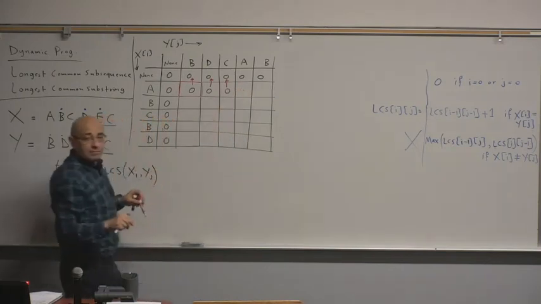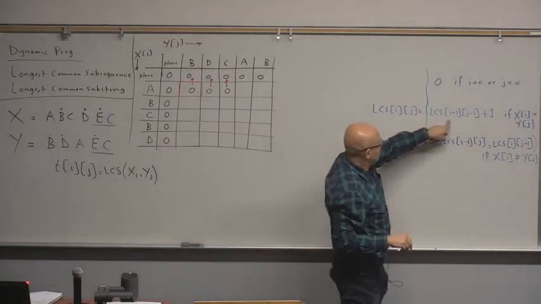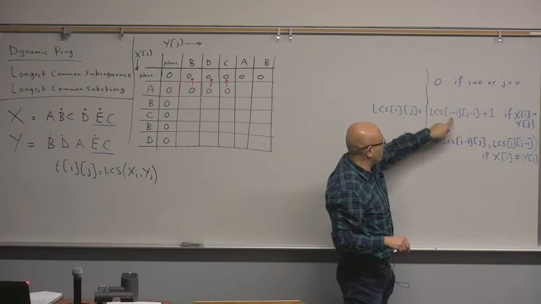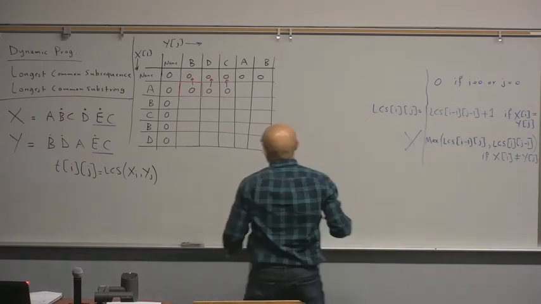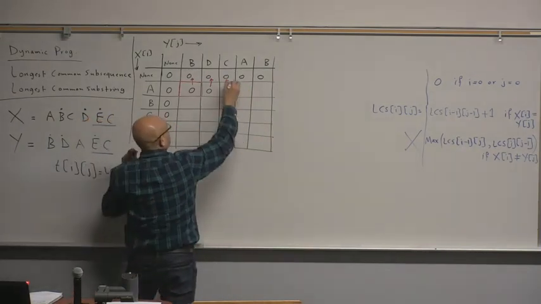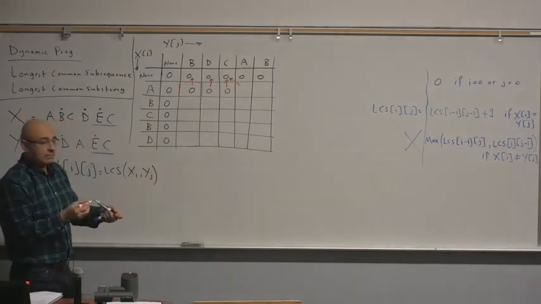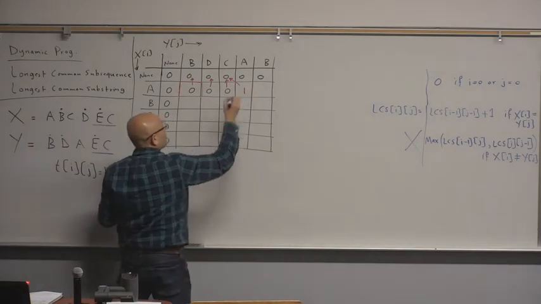Now they are the same. When they are the same, we apply this. So where will we find L of I minus 1 and j minus 1, the longest common subsequence? It's going to be diagonal, right? So we look at this and we add 1 to it. Okay.